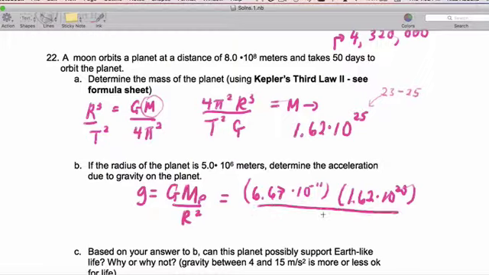And, of course, we'll include the radius, which will square. And when we work that out, we're going to end up getting a much more reasonable number.